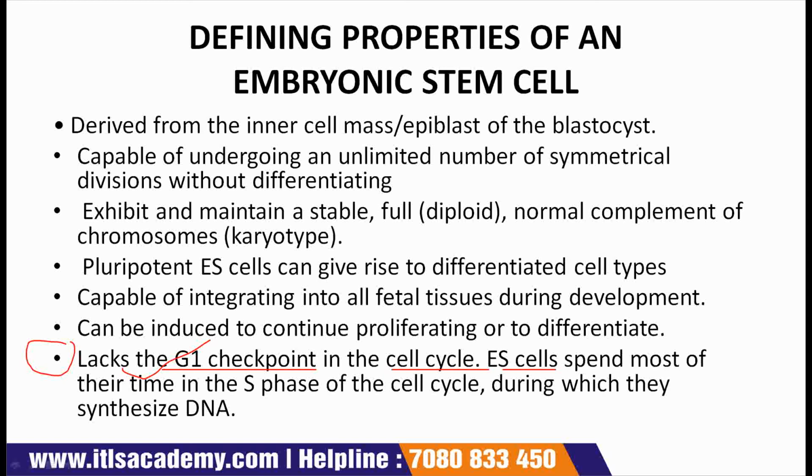Embryonic stem cells spend most of their time in the S phase of the cell cycle. This is also a very important point, that most of the time they remain in S phase, and during this S phase they synthesize DNA. As we know, S phase is the phase of the cell cycle in which replication of DNA takes place.